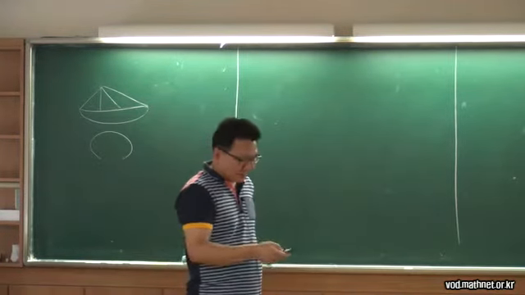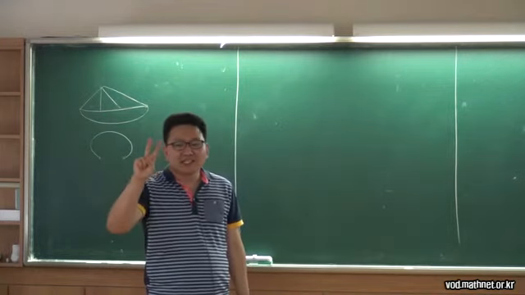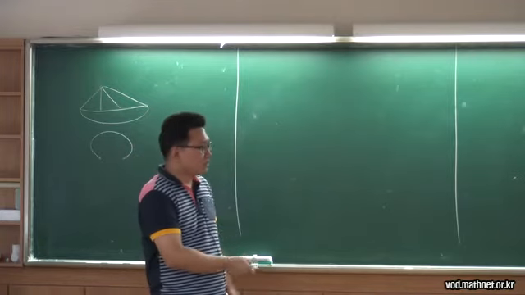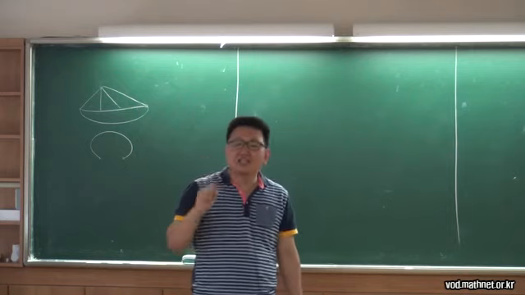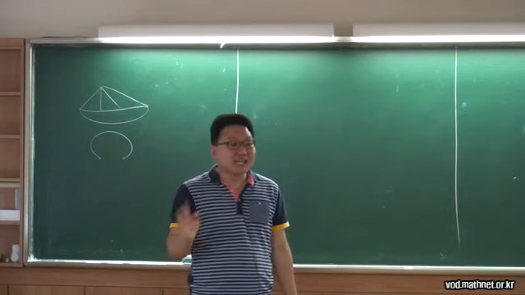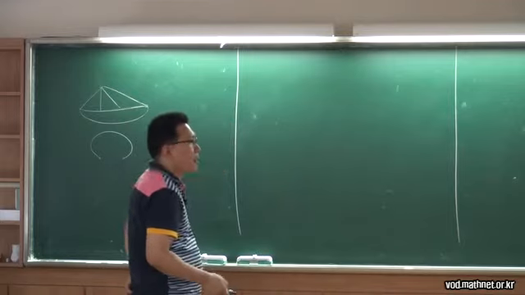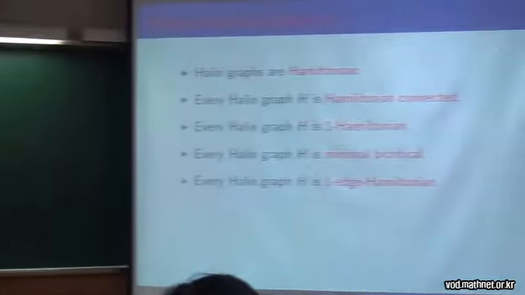And by critical, I mean that if you delete 2 vertices, it has a perfect matching. And minimal means when you delete an edge and then delete 2 vertices, then it's not guaranteed that it has a perfect matching. So that means minimal. Delete one edge, it has a Hamiltonian cycle.